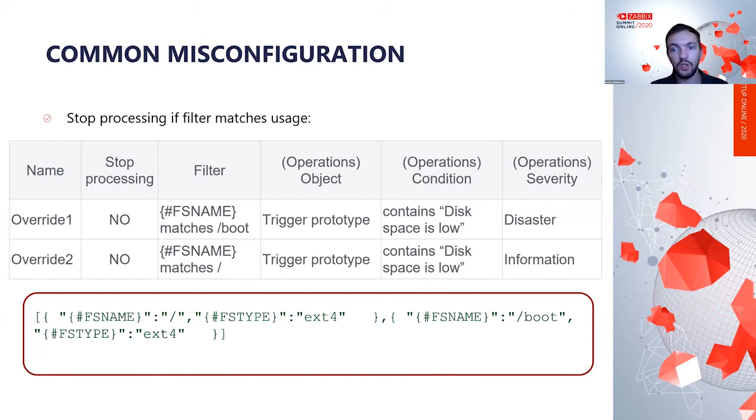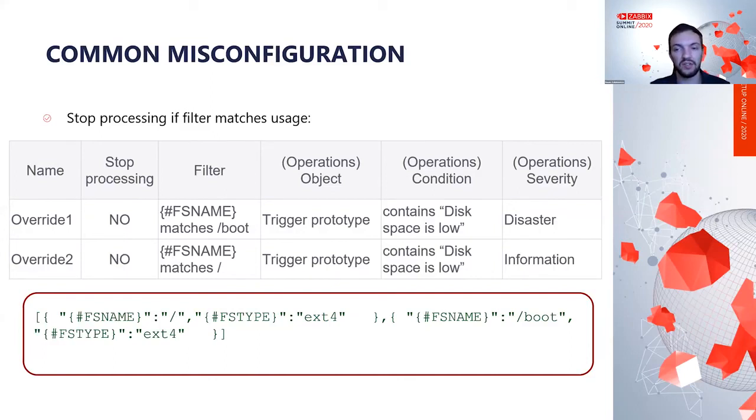Let's say you have two objects, file systems root and boot, and you have created two overrides. Yes, so each override contains one operation, and both of the operations state that there is the stop processing as no.